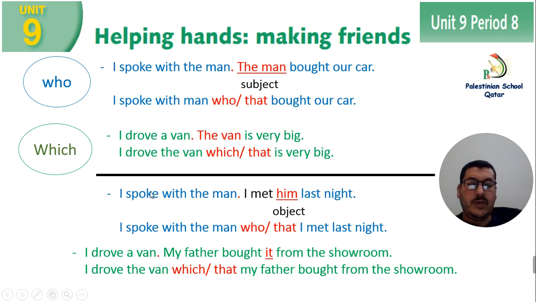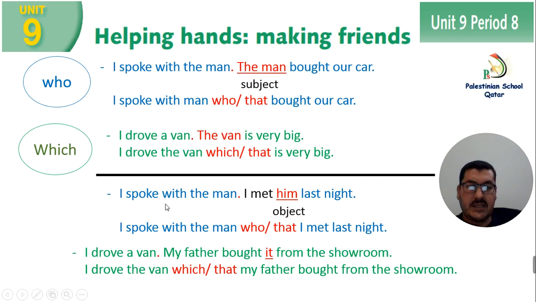Now him refers to the man, but it comes as an object, not as a subject like in the first part. In the first part, I spoke with the man who bought our car, the man is the subject, and we remove it.